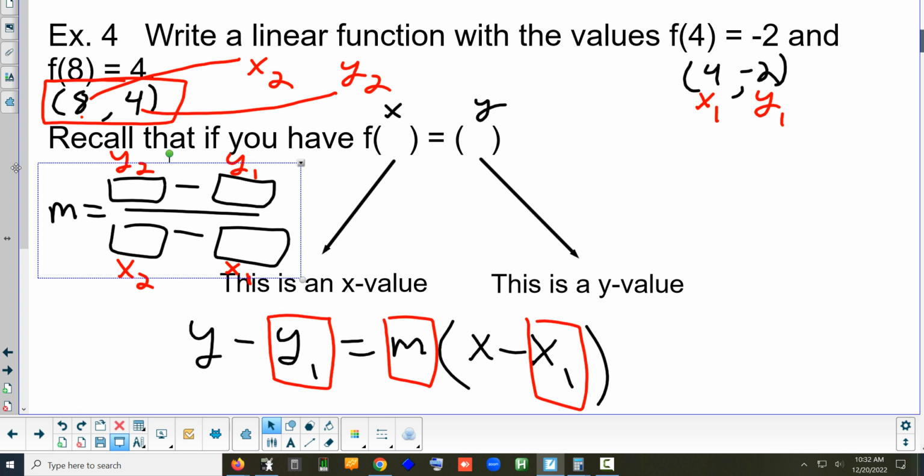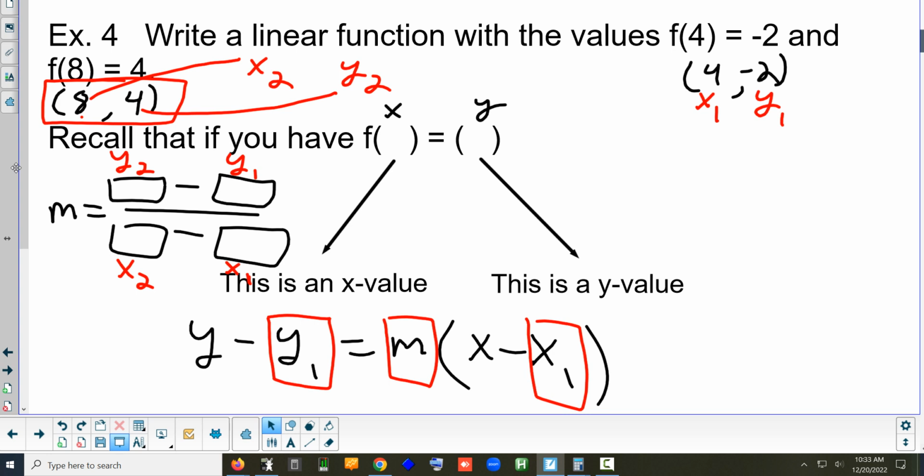Okay, so Joe, what number is going to go in the upper left? Okay, what letter goes in the upper left? Can you remind me? Y2. Yeah.